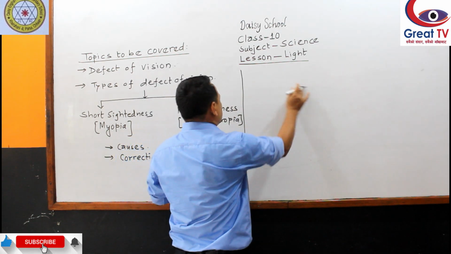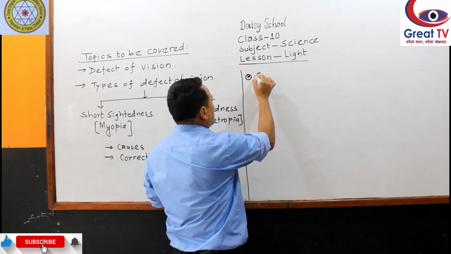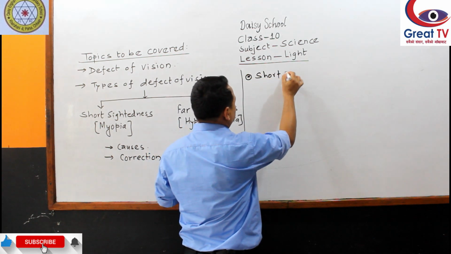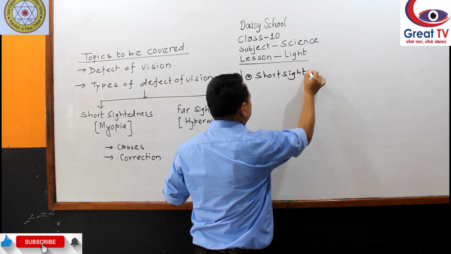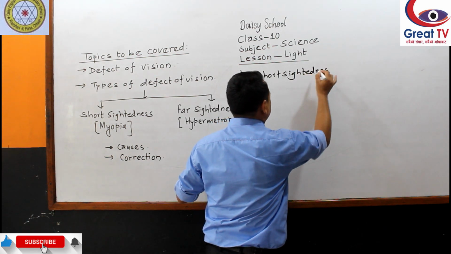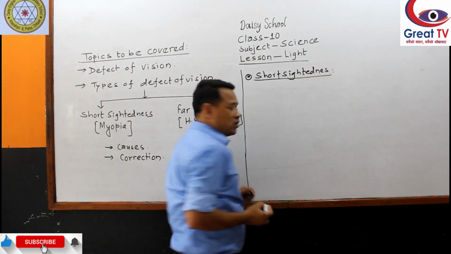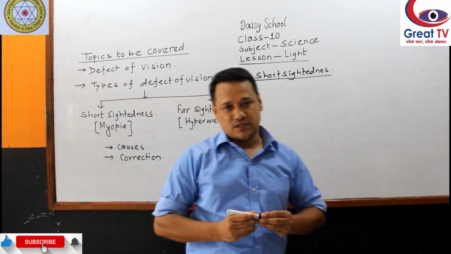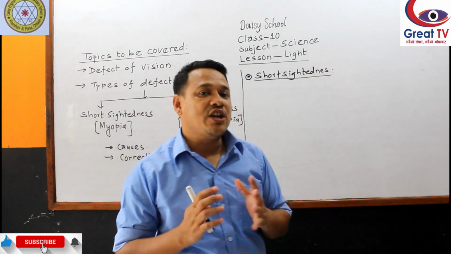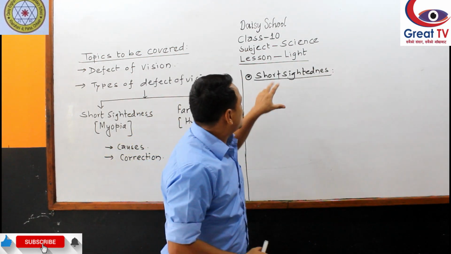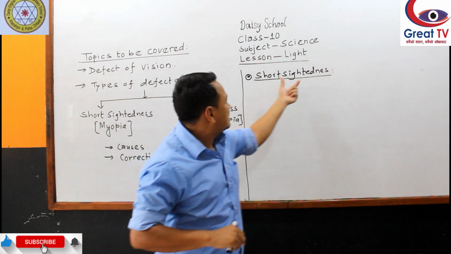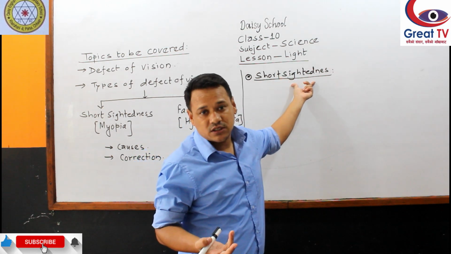First, short-sightedness, a defect of vision. Short means near, sighted means able to see.